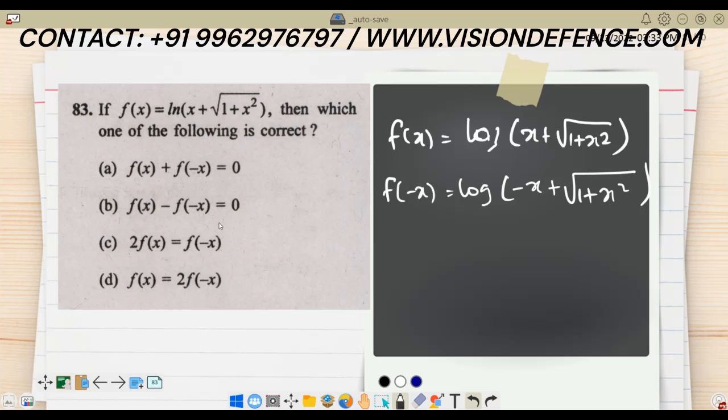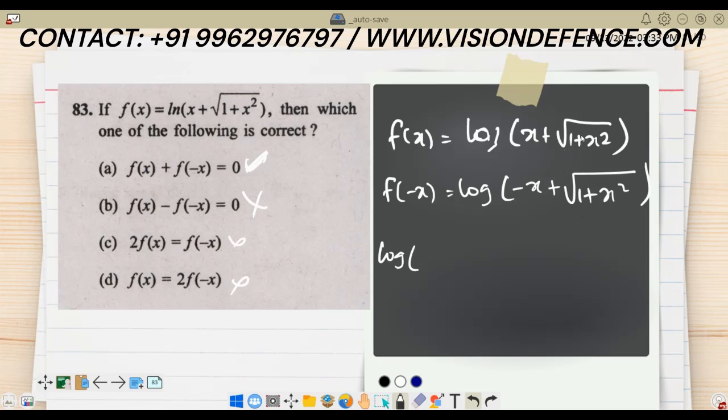Then we can eliminate this, because if the difference between them should be 0, both should be the same. Both are not the same, but we can check if this is true. Of course, even while looking at it at first sight, we can say these two are false, right? Because there's no value for 2 in this. So by elimination method, we can conclude that this is true, or you guys check. That is, add these two, right? So log a plus log b, that can be written as log a into b.